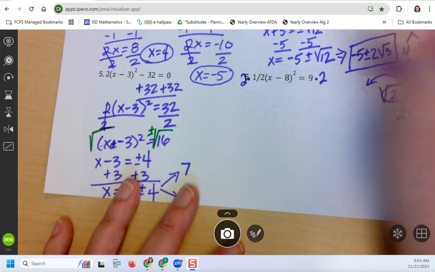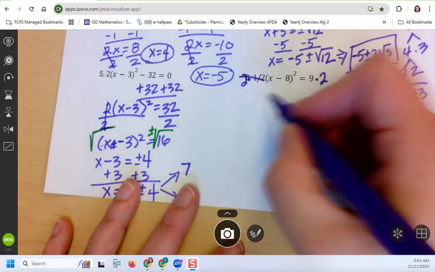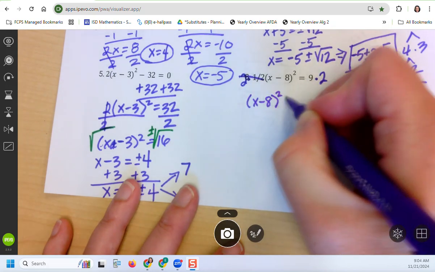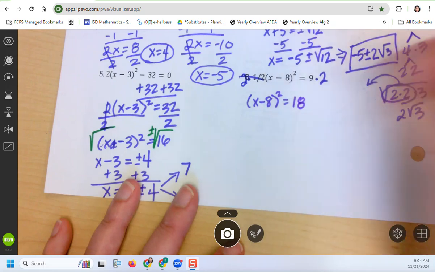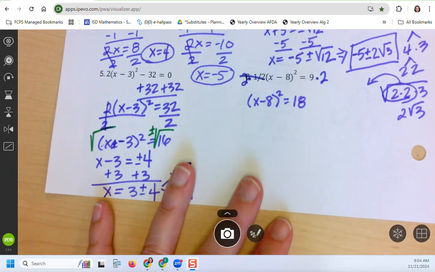Times 2 times 2. 2 times 1/2 is 1, so that cancels. And that's going to give me 18. So I have the square of x minus 8 equals 18. And now all my steps are the same. I'm going to simplify the square by square rooting both sides.